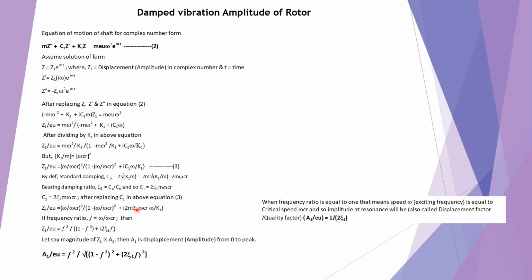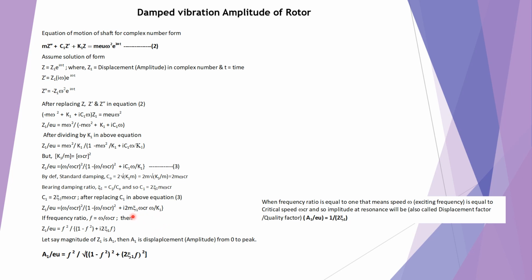After replacing c1 in equation number 3, we can write z1 upon eu is equal to omega upon omega cr square upon bracket start 1 minus omega upon omega cr square plus i 2 m zeta 1 omega cr into omega upon k1.